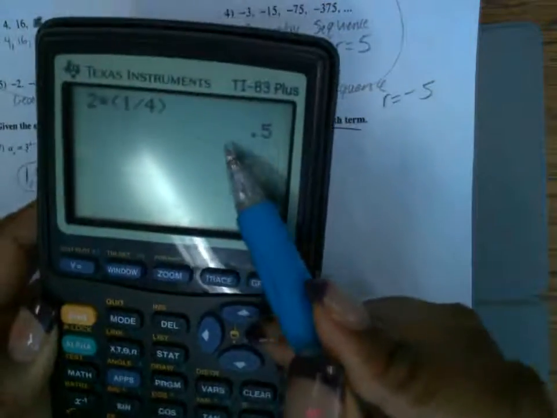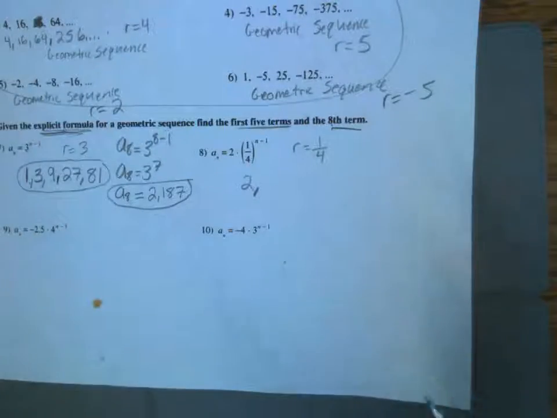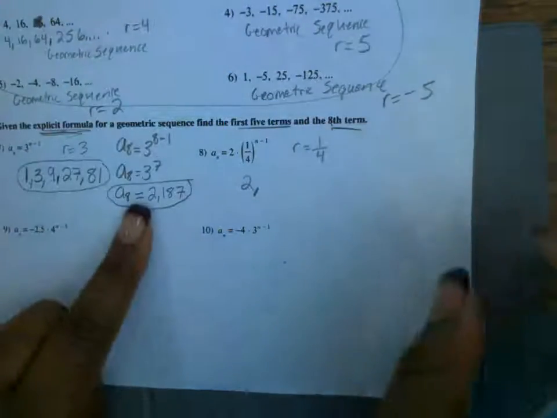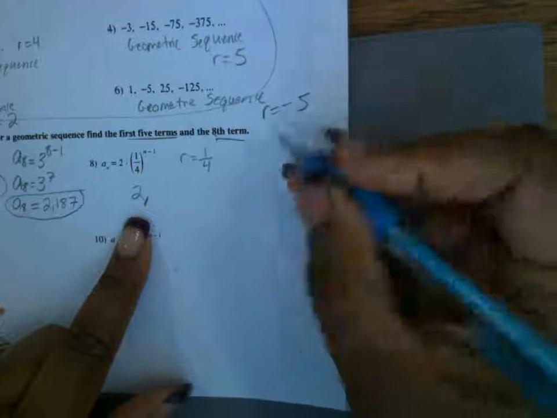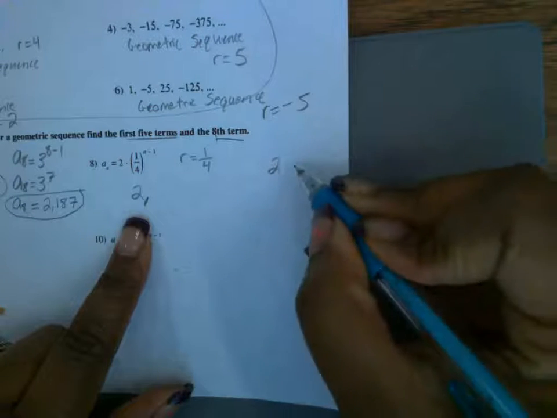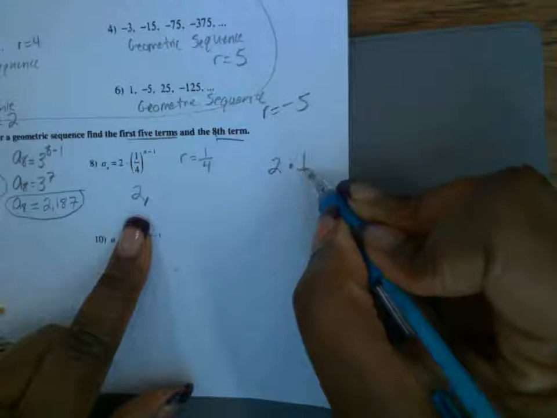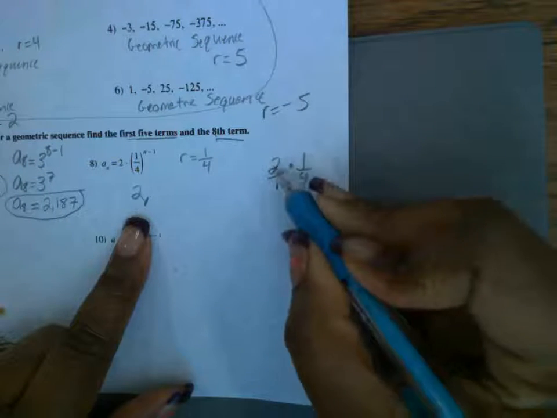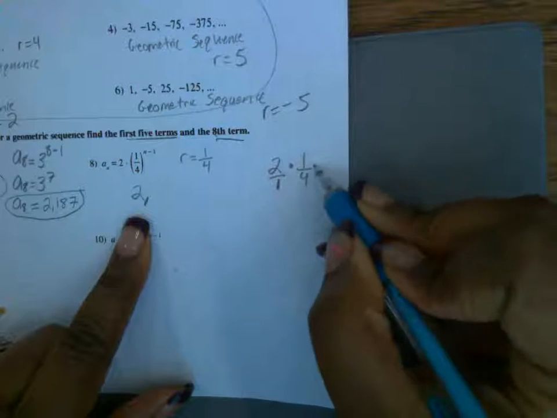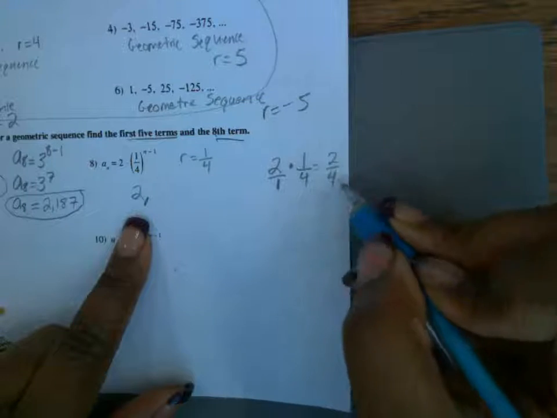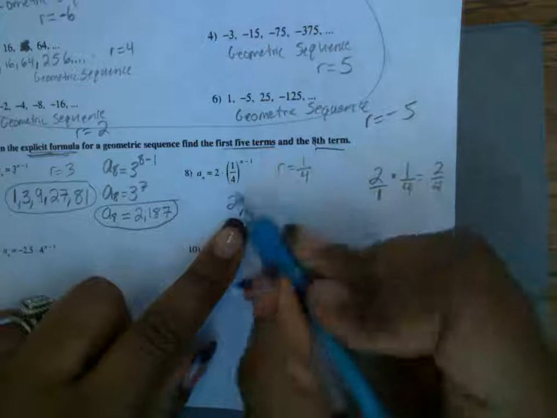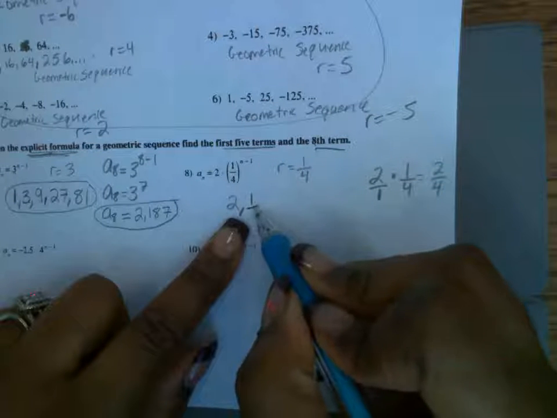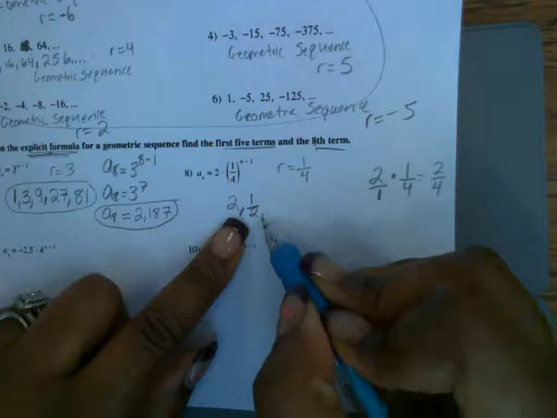Or remember how when you multiply a whole number times a fraction, you change the whole number into a fraction by putting a 1 under it and multiply straight across. So that's going to be 2 over 4. Reduce that to 1/2. Okay? So at any rate, it's going to be 1/2. We're going to keep it as a fraction because that's going to be easier to write.